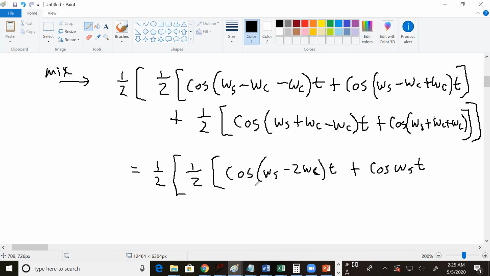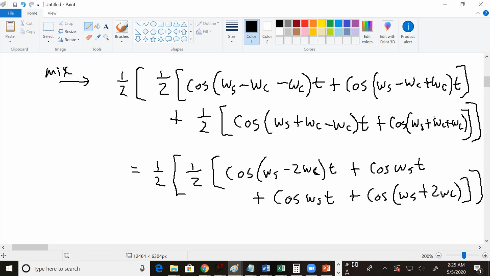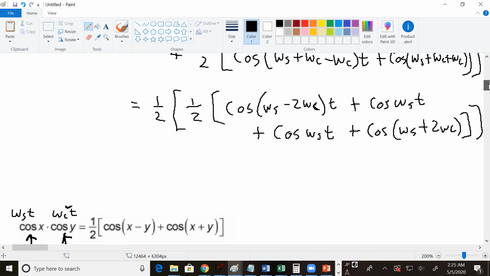This also had a 1/2 in front of it, so I'll just do a plus, and then you have cosine omega s t, because the c's cancel out, and then you have a plus cosine of omega s plus 2 omega c. What's interesting here is that you have two terms, which is your original signal, the voice signal that you're trying to transmit.